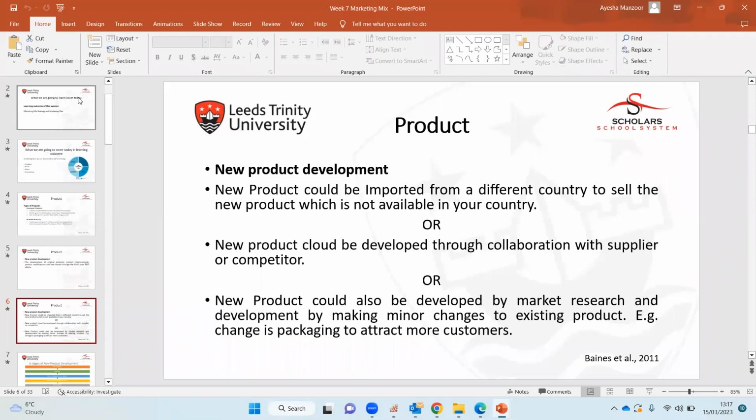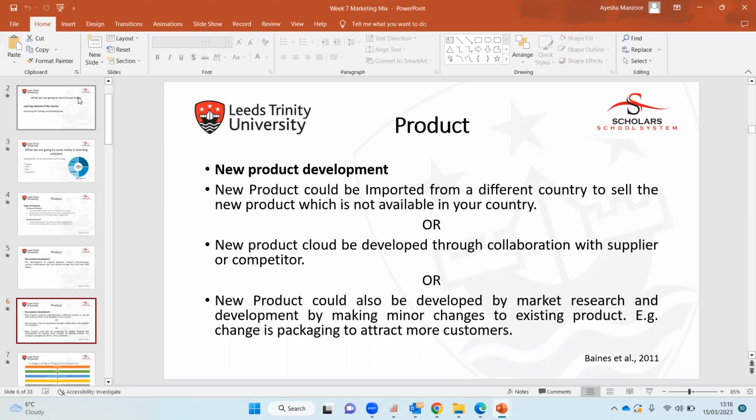The competitors could also affect what kind of products need to be produced in the market. So once the organization identifies what their competitors are doing in the market, they identify the need to produce a new product so they can compete. This is how new product development could be made, by watching or observing your competitors.